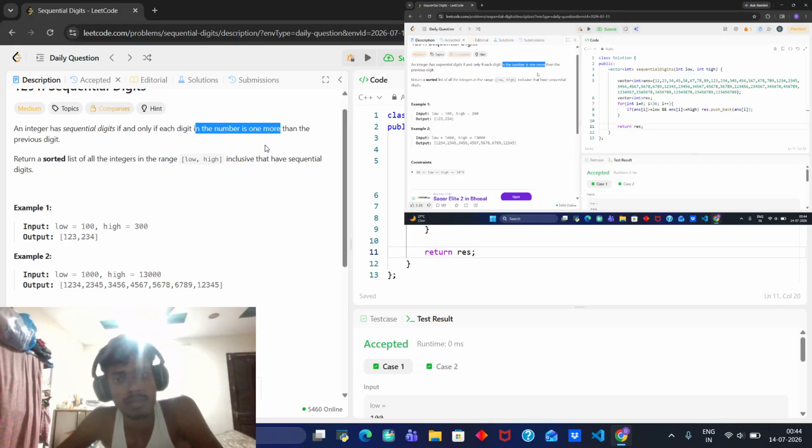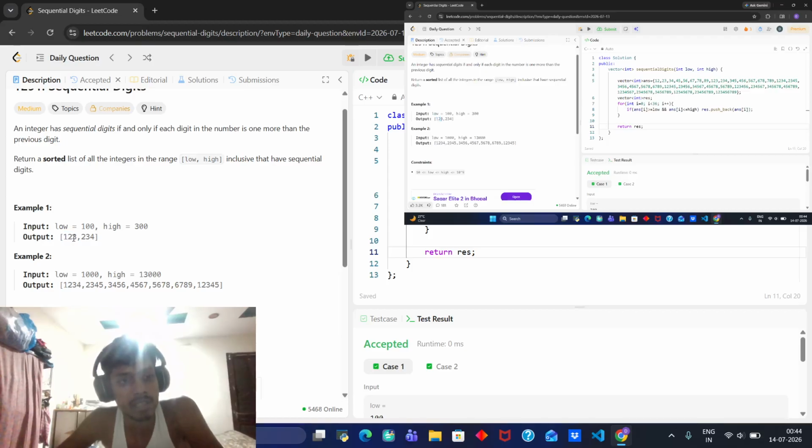Suppose, for example, 1, 2, 3 is a sequential digit number because the next digit is one more than the previous digit.